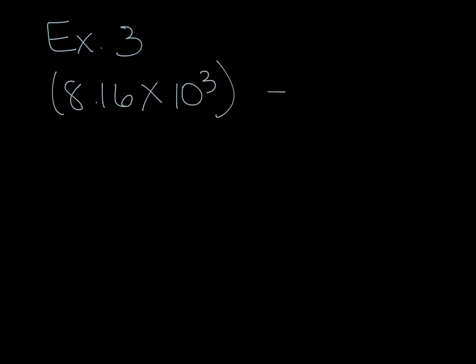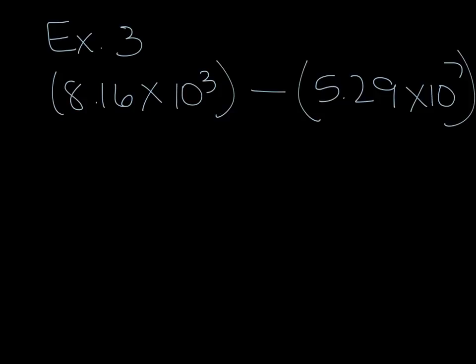Okay, one last example, number 3. There's a reason why we're doing this last one, and we're going to do it together, because I know this comes up on your homework tonight, so I want to make sure you understand what happens. All right, so here's the problem. We need to move to the highest power. The highest power is 7, so I need to go 4 places to the left.